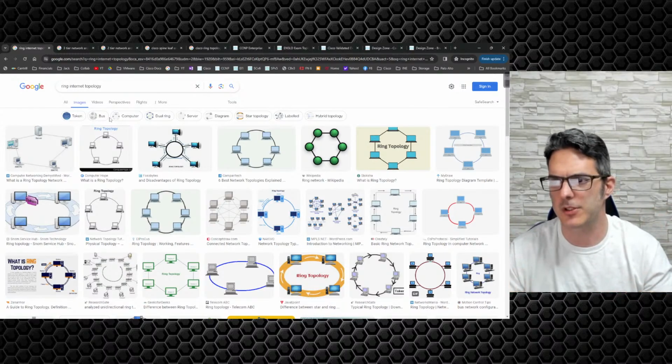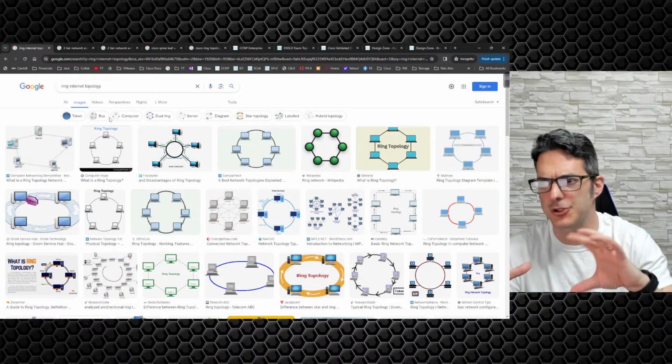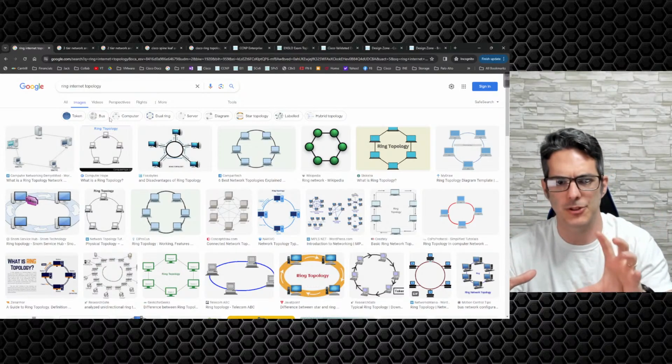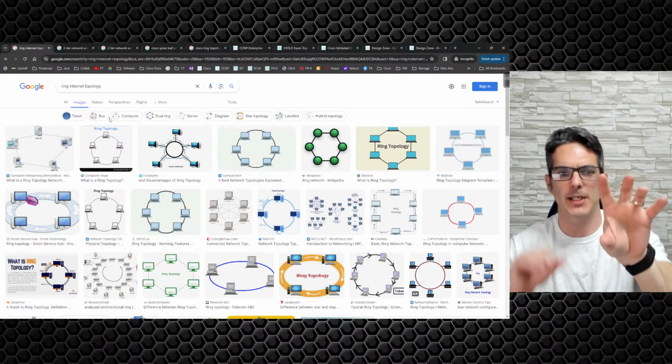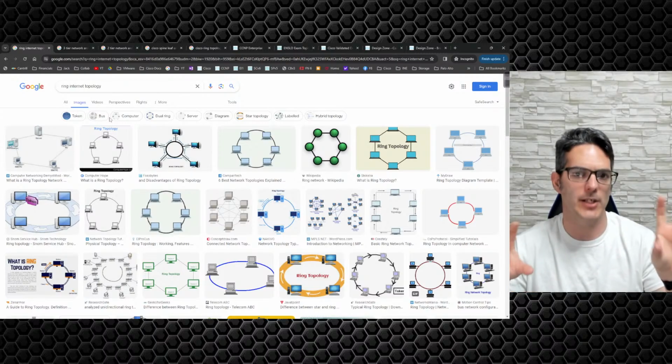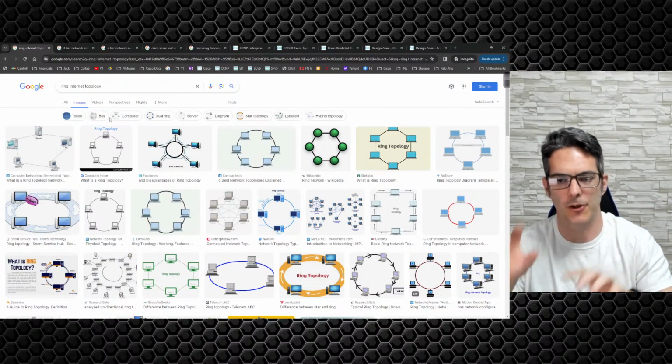is that if you were to take a map of the US and take these topologies and put them together, you're going to end up getting rings in all these different cities. So the rings are geographically local to your area, and depending on where you might live, they're all over the place.